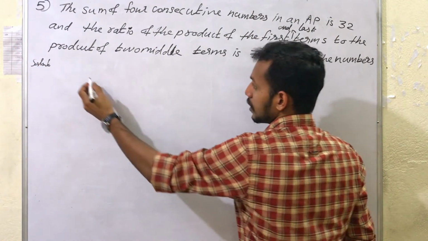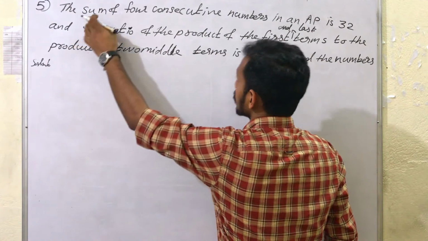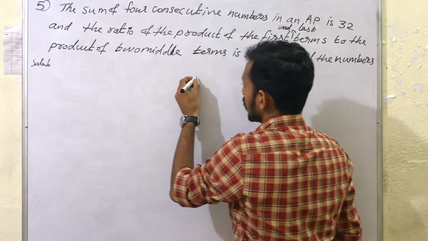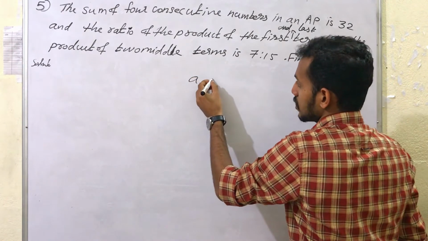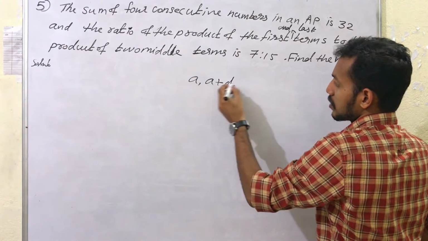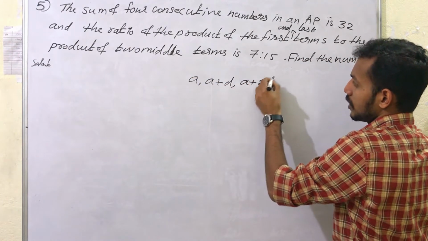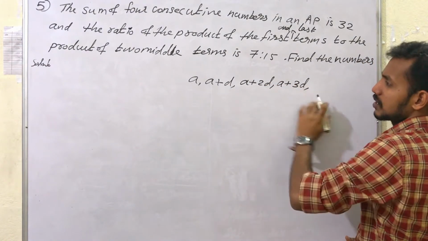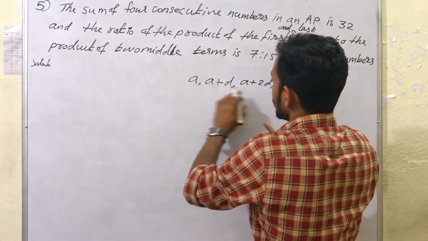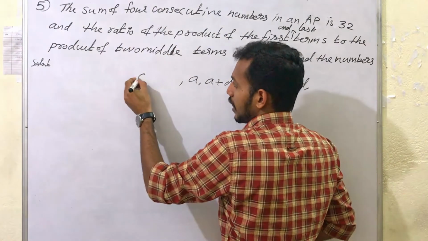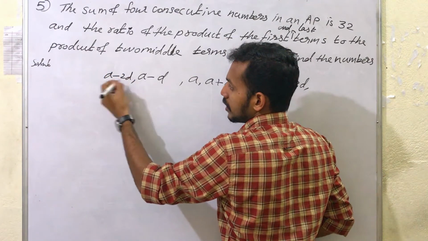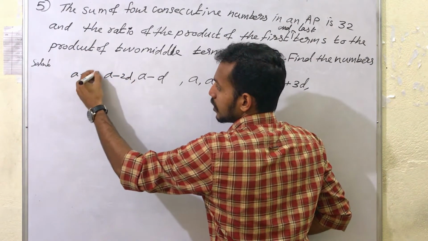Let the AP be, we can write 4 consecutive numbers are there. So first write that general term which we have discussed, that is a, a plus d, a plus 2d, a plus 3d. That is enough because only 4 numbers are there, so up to 3 maximum. A minus d, a minus 2d, a minus 3d.